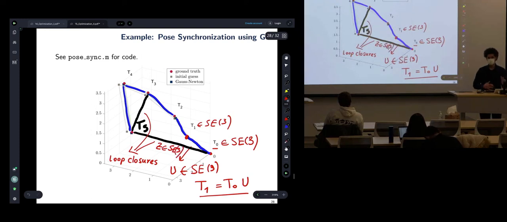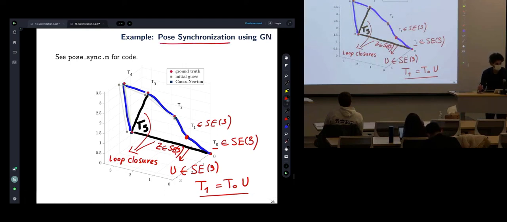So no matter how I get these edges, it ends up being a graph of poses. So each decision variable is in SE3. My measurements are also in SE3. In general, it doesn't have to be this way, but this is called pose graph, because we only have pose as the variable. Or another name for it is pose synchronization.